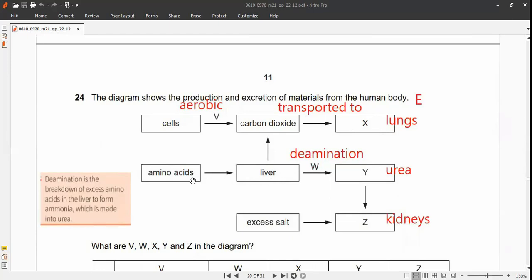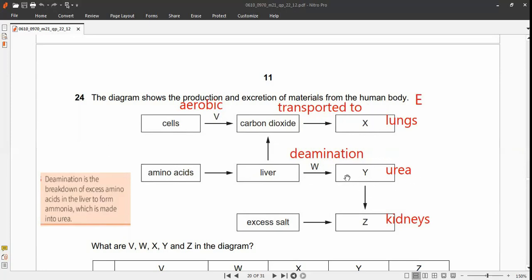Excess amino acids in the liver. The liver breaks down excess amino acids to form ammonia, which is made into urea. This process is called deamination. So process W is deamination, process V is aerobic respiration, and X is the lungs.